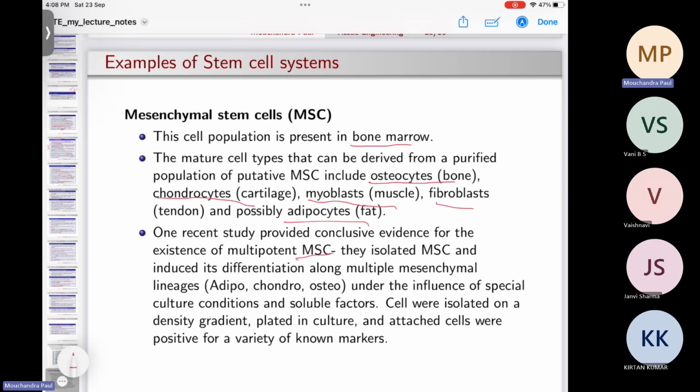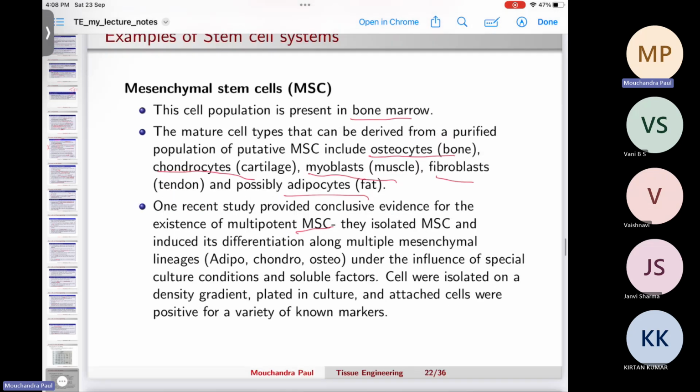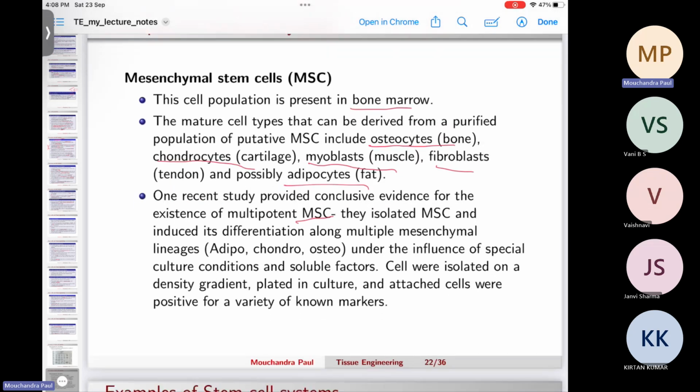They isolated these mesenchymal stem cells, gave them special growth conditions, and saw that these cells formed cell types like adipocytes, the fat cells, bone cells, and chondrocytes. So this conclusively proved that these connective tissues can be formed from a stem cell population, which they termed mesenchymal stem cells. So this is an experiment proving the existence of mesenchymal stem cells. Okay.